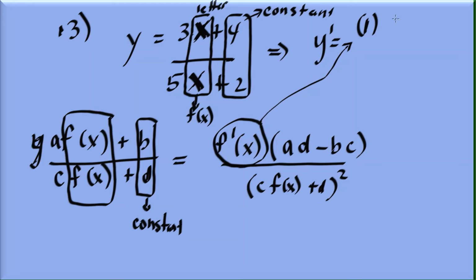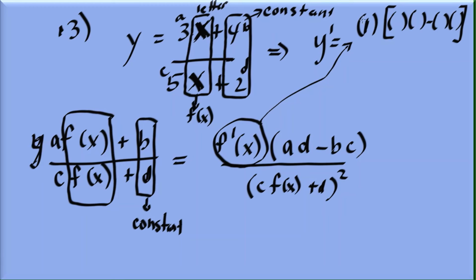Then multiply this by AD minus BC, A times D minus B times C. What is your A here? A is 3, your B is 4, your C is 5, your D is 2.